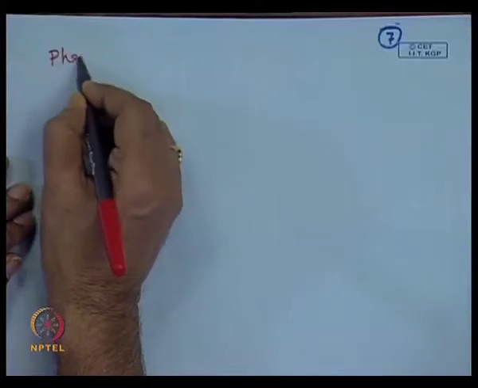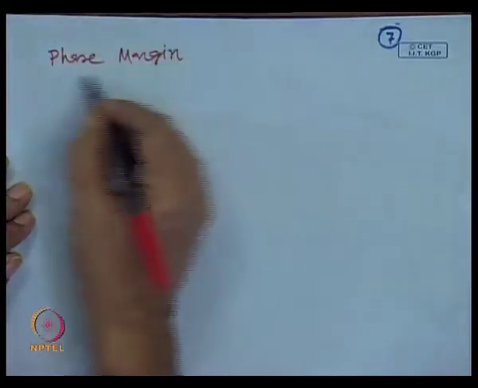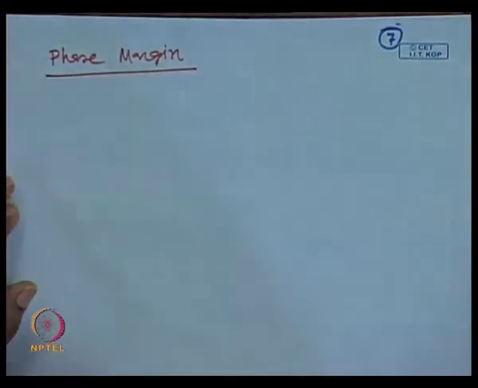Now we will see what is called phase margin. So, what is the gain margin? What we have seen, if you design a controller based on LQR, that controller has a gain margin up to infinity. The present gain of the LQR controller design, you can reduce by a factor of half.